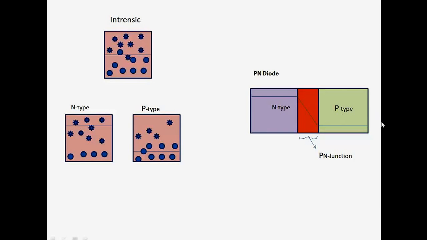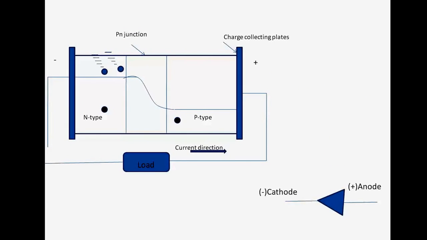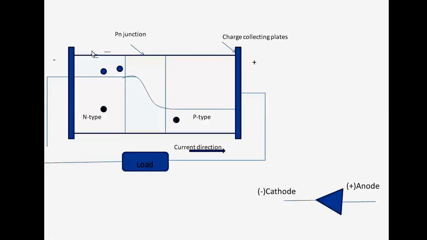If we connect a load across this, we will show it in the next slide. Let's see here. In this slide, this is the PN junction, and here we have a free electron and a hole. Whenever some light falls on these free electrons, these electrons circulate through the node.